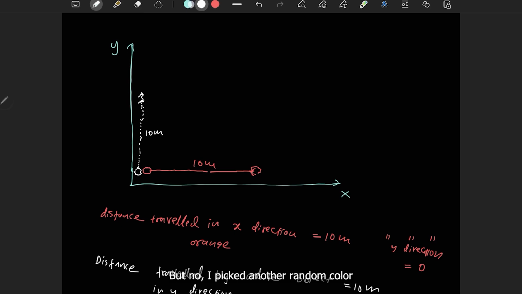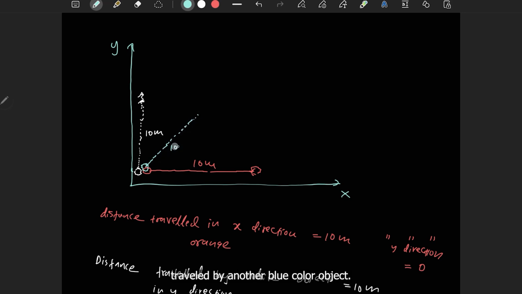I pick another random color, this time this pale blue color object. So this is the breakthrough, the fascinating, interesting concept here. Imagine the same distance traveled, but this time in a different path.